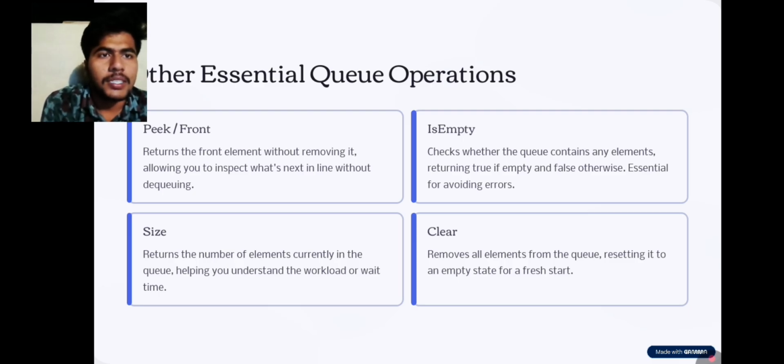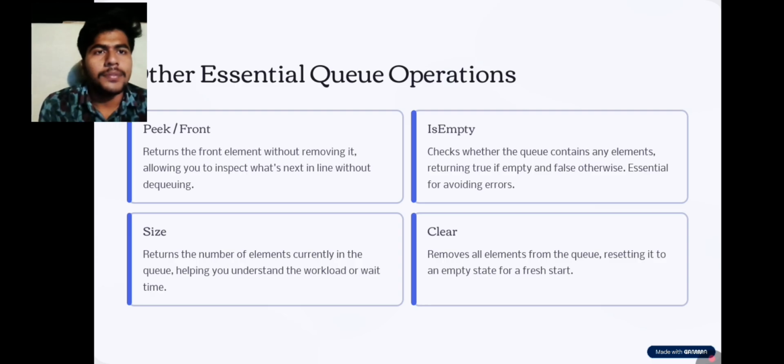Next, isEmpty checks whether the queue contains any elements, returning true if empty and false otherwise, essential for avoiding errors. Next, size returns the number of elements currently in the queue, helping you understand workload or wait time. Next, clear removes all elements from the queue, resetting it to an empty state for a fresh start.